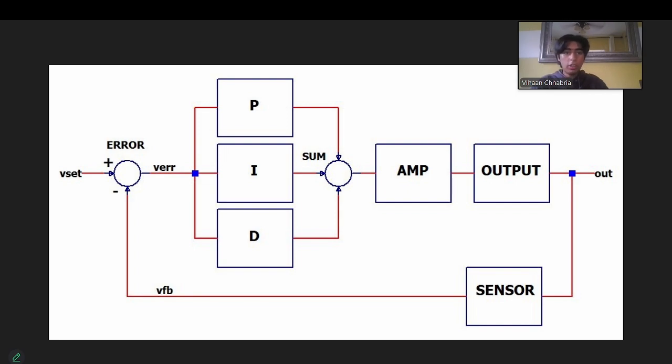So now the error is 10 inches. So it's a continuous loop, again and again, running until it's at the set point.